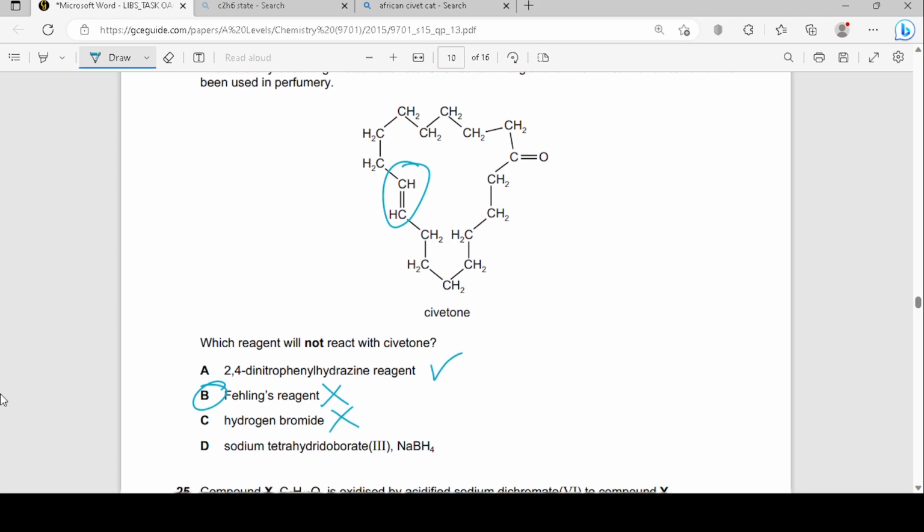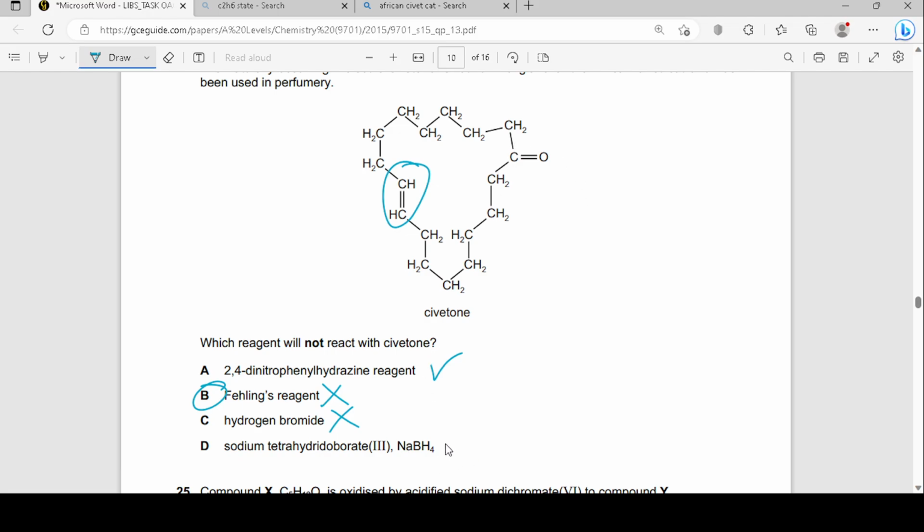That's why I'm going to cross it out. Then sodium tetrahydridoborate(III), NaBH4. NaBH4 can reduce a ketone into, would it be a secondary alcohol, right? I suppose it would be secondary because it has two groups attached, right? Yeah, probably. So NaBH4 can reduce ketone into secondary alcohol.